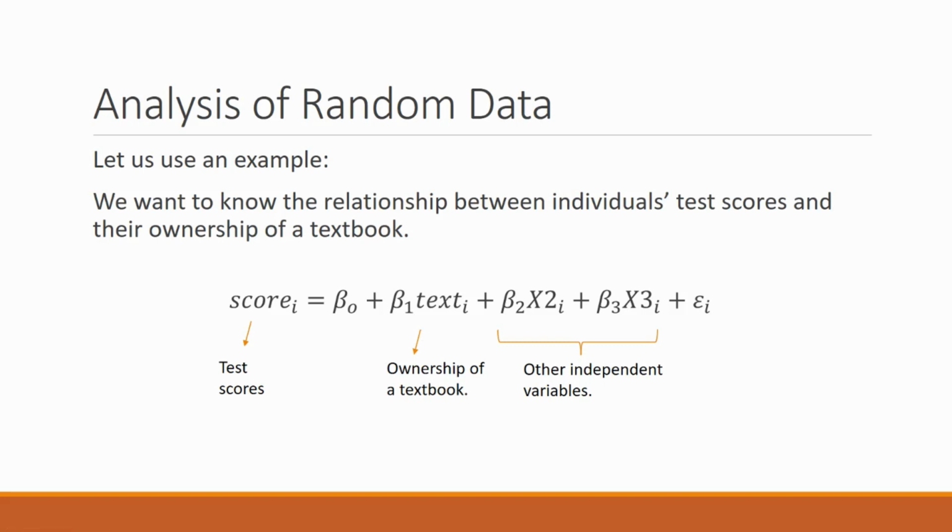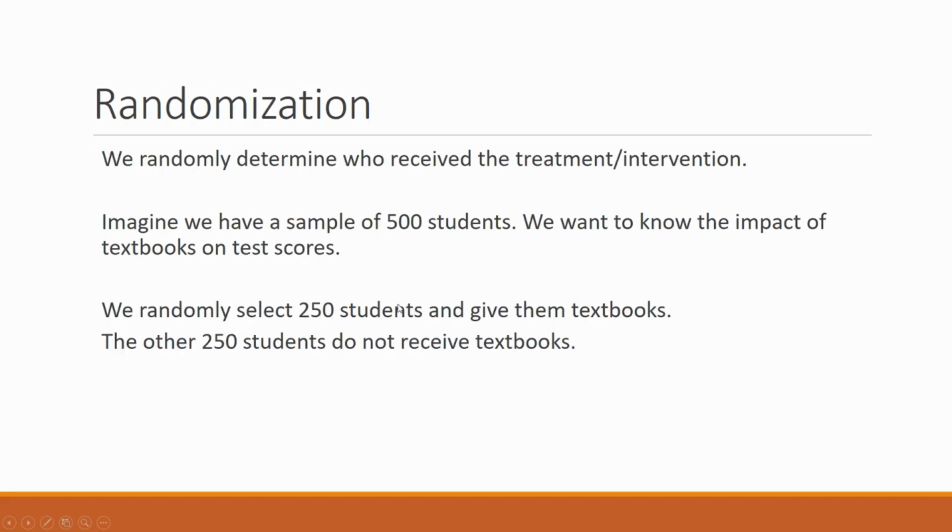That's what we want to know. We want to identify that effect. Okay, so then here's a regression that has test scores as the dependent variable and textbook as the variable of interest, the variable that we're looking at investigating. And so we want to get an unbiased estimate of beta 1.